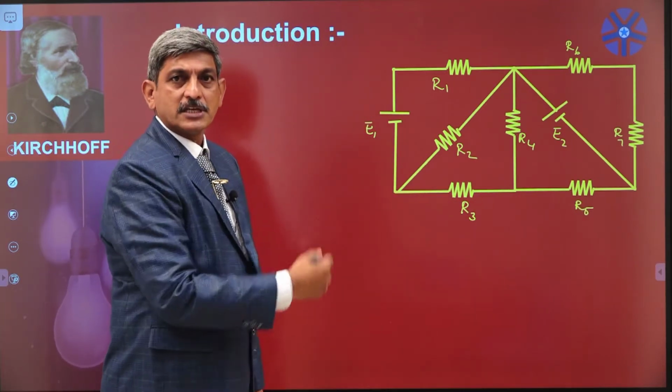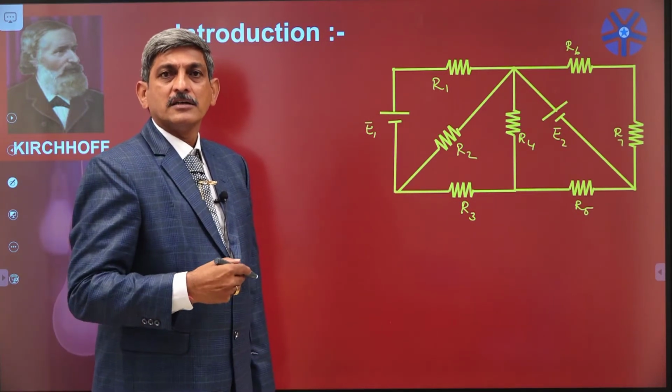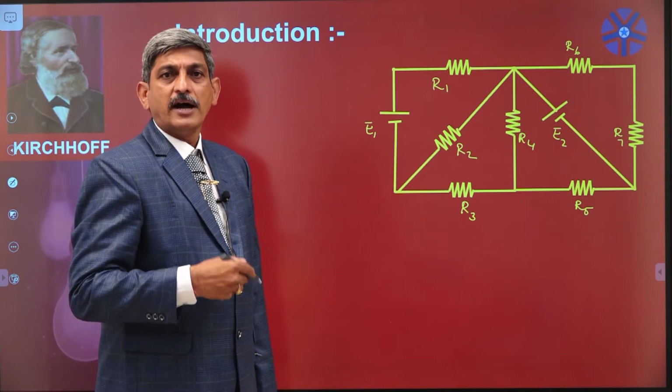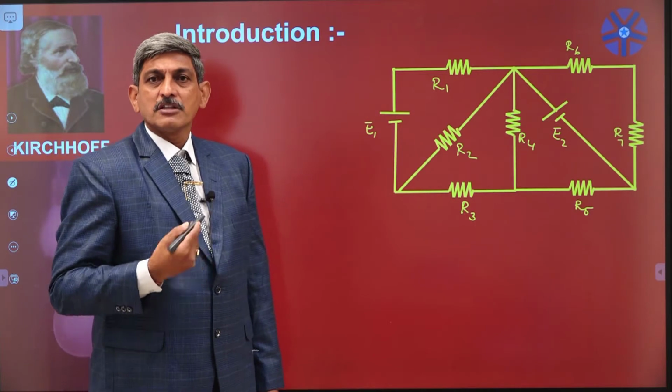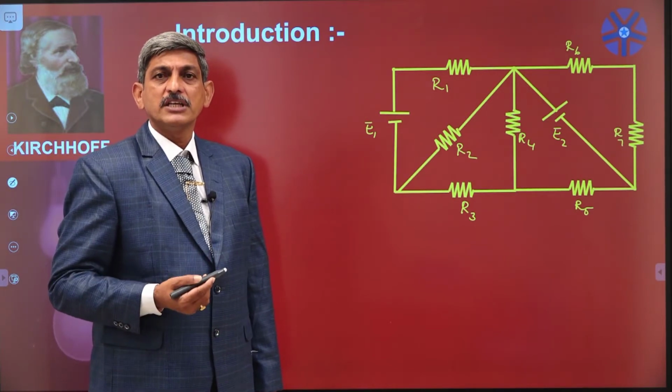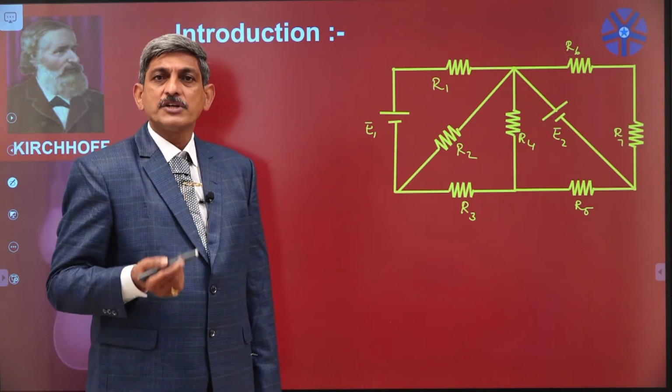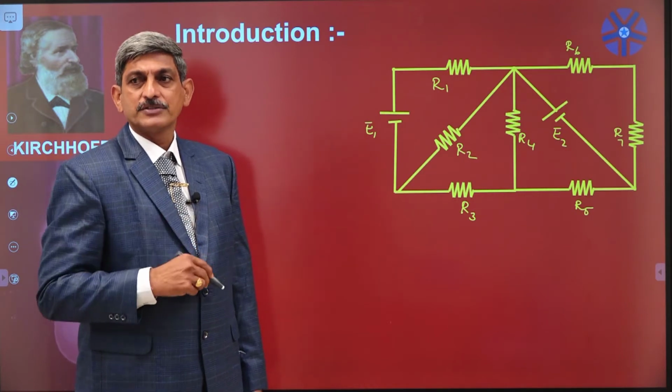In case of such circuits where there are more number of batteries and more number of resistors, it is difficult to solve the problems by using the basic laws we studied in the earlier videos.